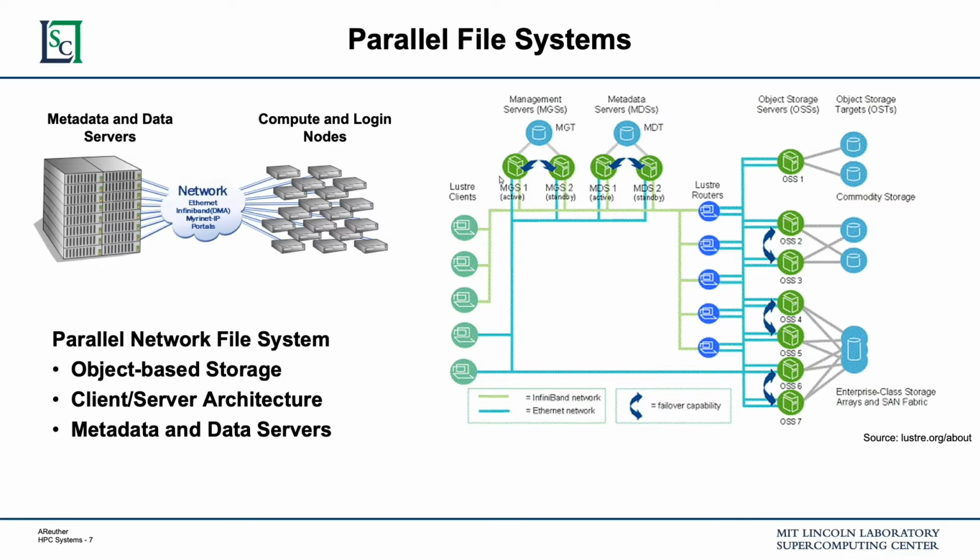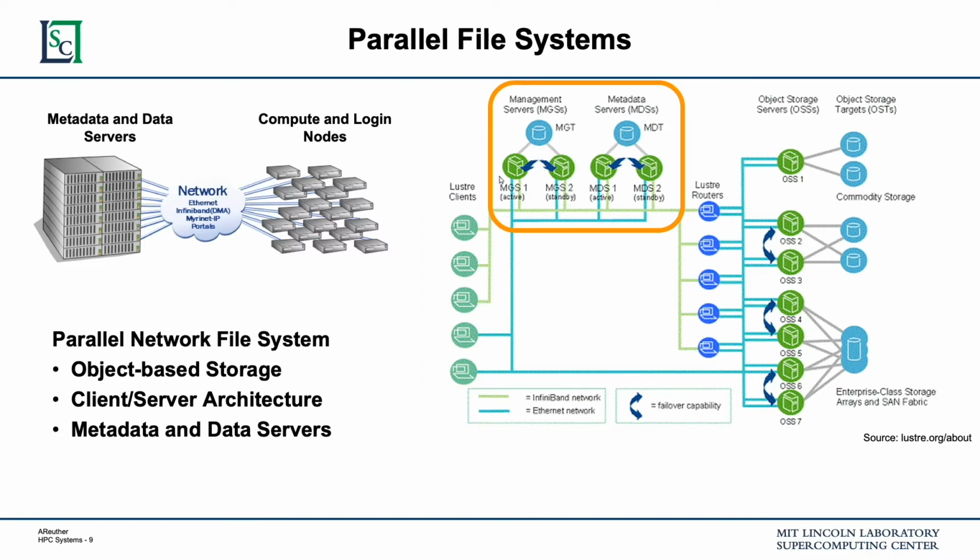In that regard, parallel file systems are comprised of many hardware and software components. Let's look at this further in the architecture diagram on the right. Client software is installed on each compute node, and this client software takes file read and write requests and communicates with the servers to satisfy the requests. The metadata servers depicted at the top of the diagram maintain the state of all of the files and folders within the file system.